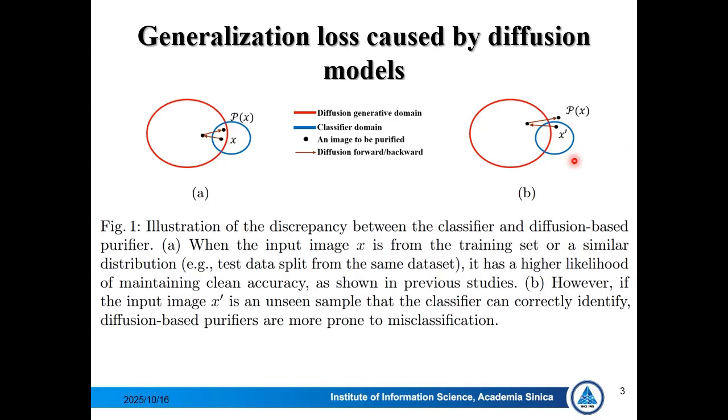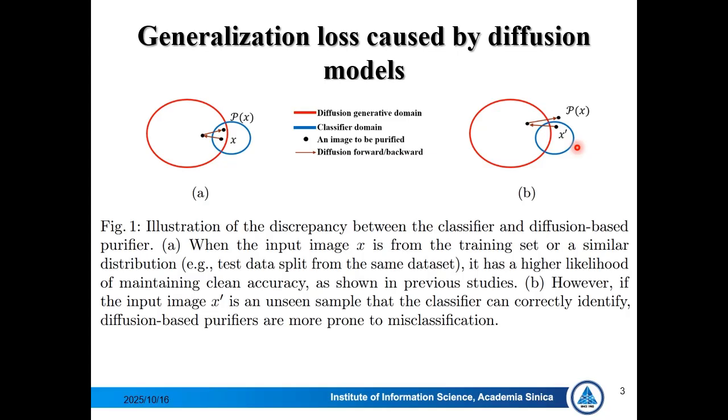However, if the input image X prime is an unseen sample that the classifier can correctly identify, diffusion-based purifiers are more prone to misclassification. For example, a brown cat image in a training dataset can be classified very well, and the purified version of the image can also be classified.